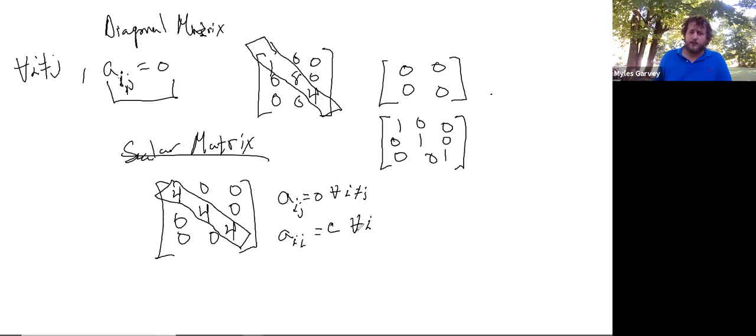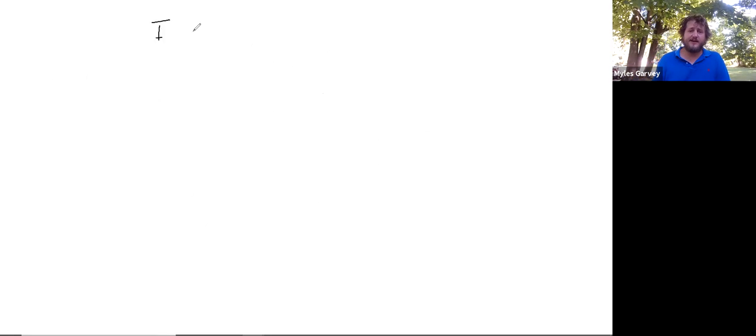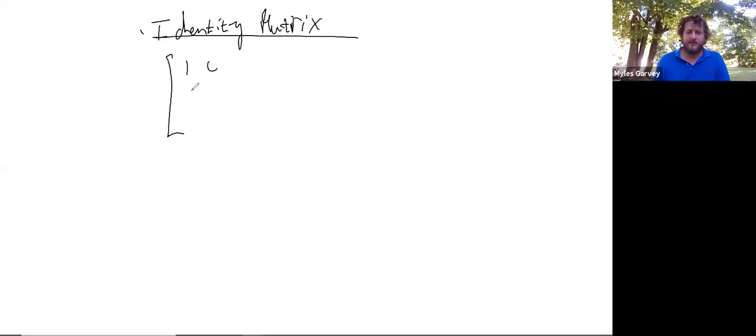Now, we also have what's referred to as the identity matrix, which is also a very important matrix. The identity matrix is one where all the values on the diagonal are simply 1. And it's a very important matrix for reasons that will become very clear in a few moments.